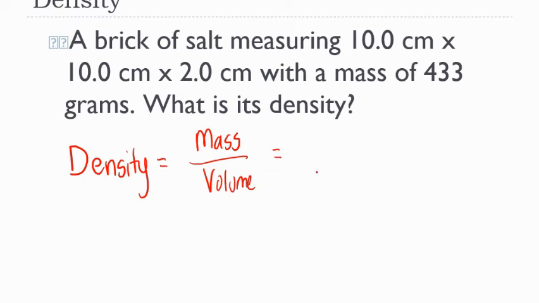All right. They are telling us up here that we have a brick of salt. They've given us measurements, and then they've given us a mass. So our mass is 433 grams. Now we've got to figure out the volume. How am I going to calculate the volume for this problem?